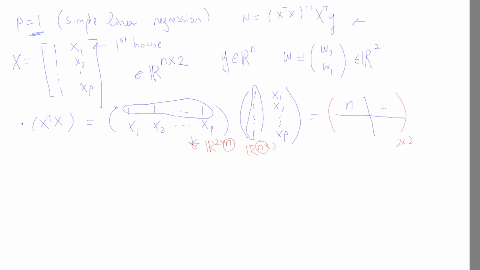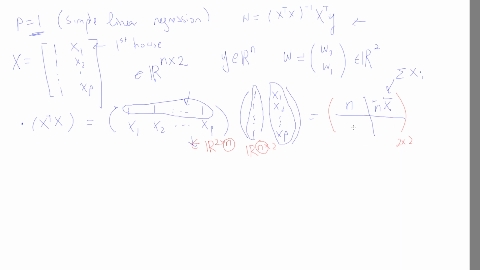For this guy here, we take the first row and multiply by the second column, so what you get is n x bar. This is just the sum of the xi's, because you're taking the first row of the first matrix times the second column.